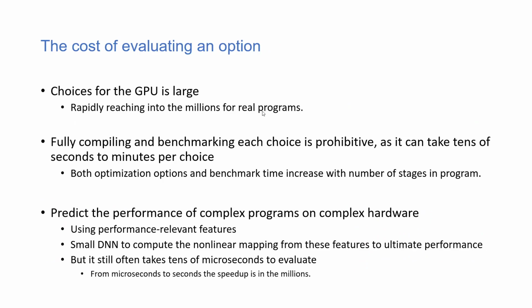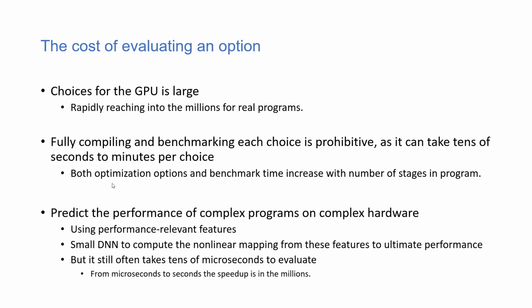Okay, we have seen that for real world applications, the number of options for schedules can be in the millions, and fully computing each of these million options on a particular hardware is impossible. It's not practical because some of these options can take tens of seconds up to minutes to evaluate the performance.